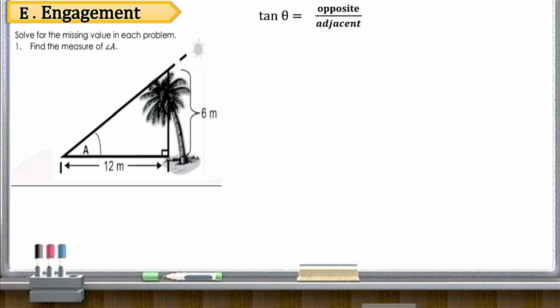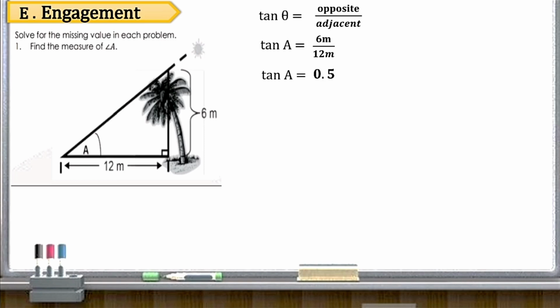Then, substitute natin, magiging tangent A is equal to 6 meters over 12 meters. So, divide nyo lang class yung 6 and 12. So, makukuha natin dyan is 0.5. So, tangent A is equal to 0.5.